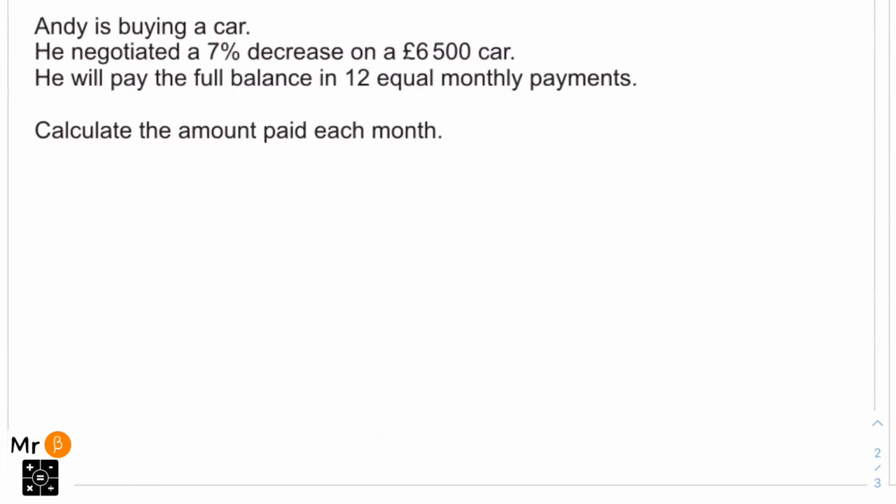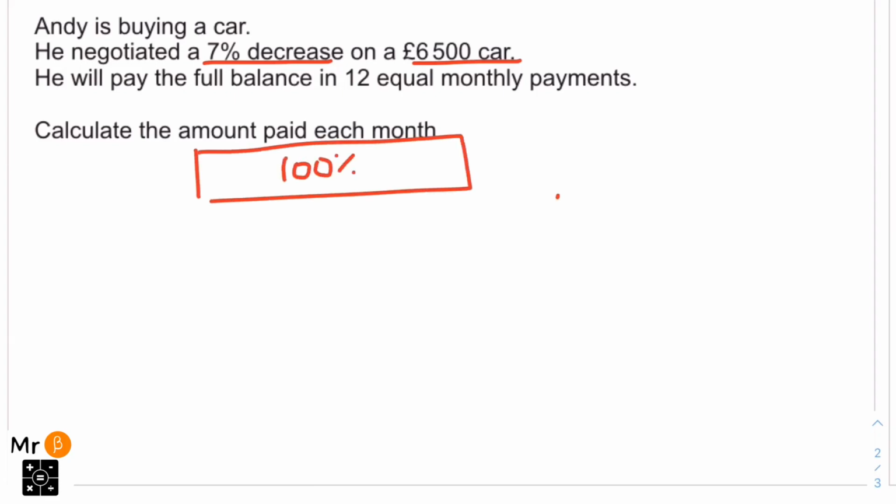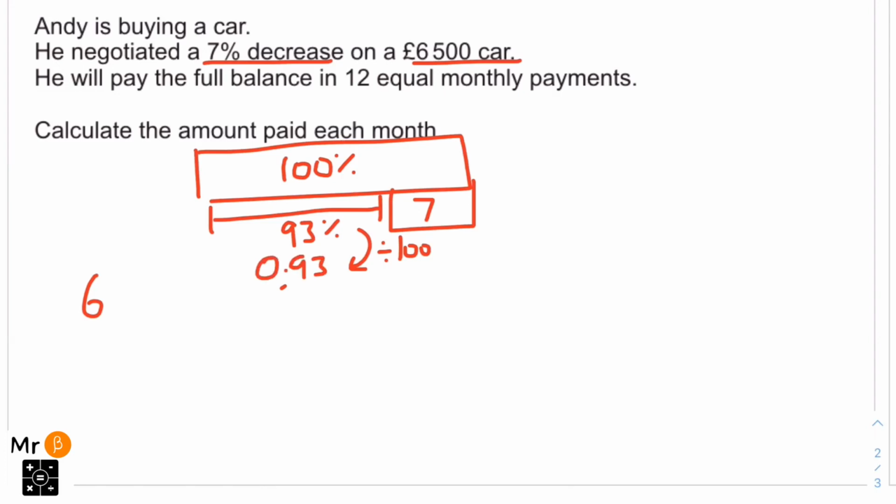So our next question, he's got a 7% decrease on this price. So first of all, we need to work out what that is. So again, we start by drawing our bar. It's gone down by 7%, so we're decreasing by 7%. That leaves us with 93%. That, as a decimal, is 0.93.